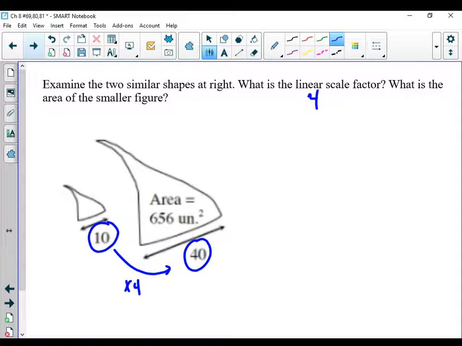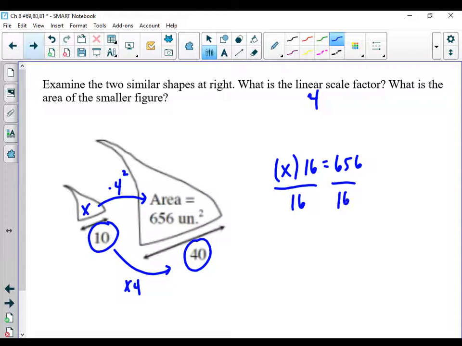Which means whatever this area is here, we need to multiply it by 4 squared in order to get the new area, which they said was 656. So really we're taking some value times 4 squared, or 16, and ending up with 656, which means I can find that value by dividing by 16.